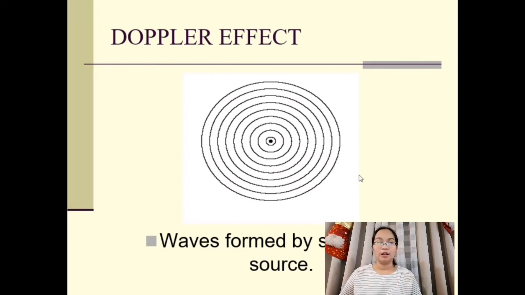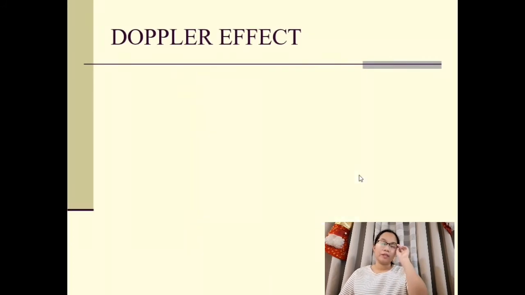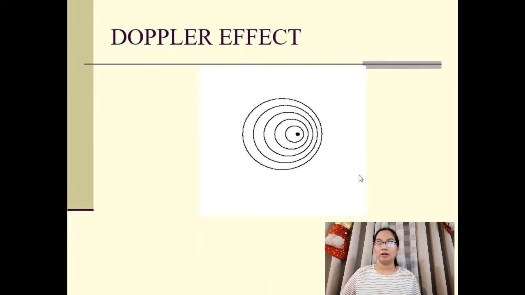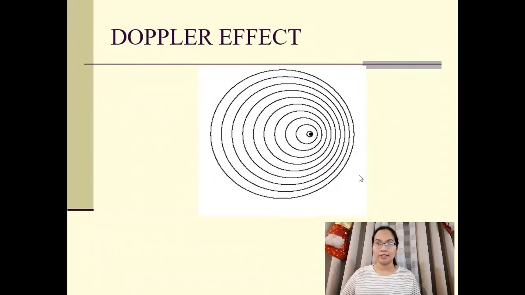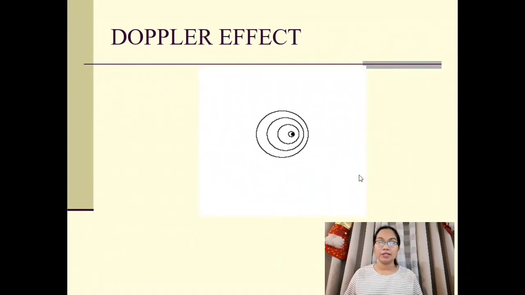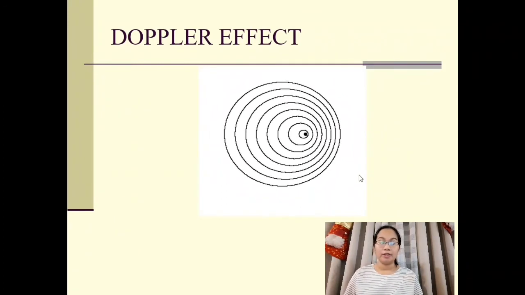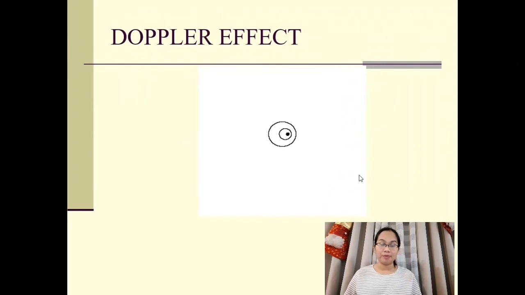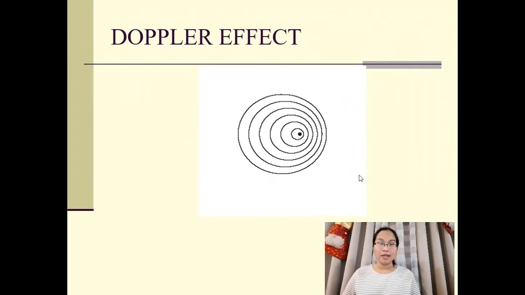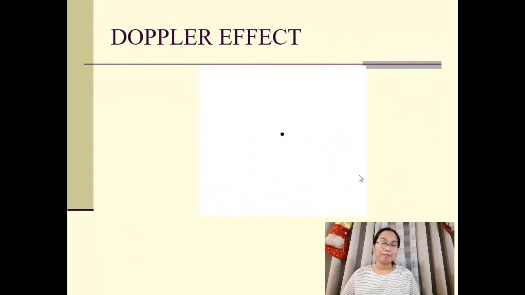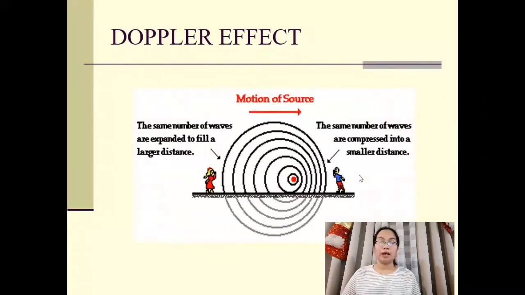But when the source starts to move, you can see in the video on your right that the waves are piling up. So they are compressed. If the waves are compressed, that means the number of waves passing through a particular point at a certain period of time increases.